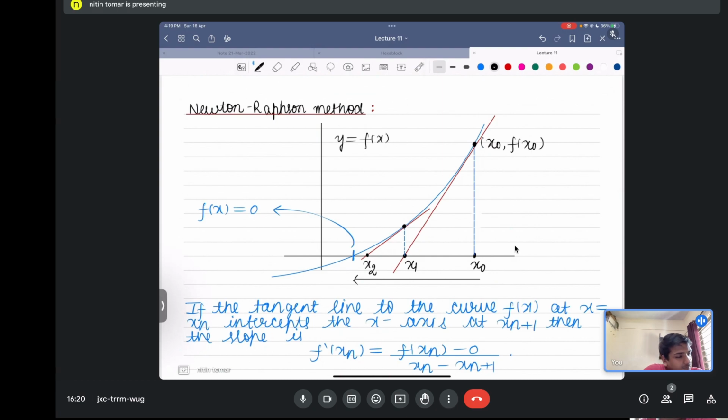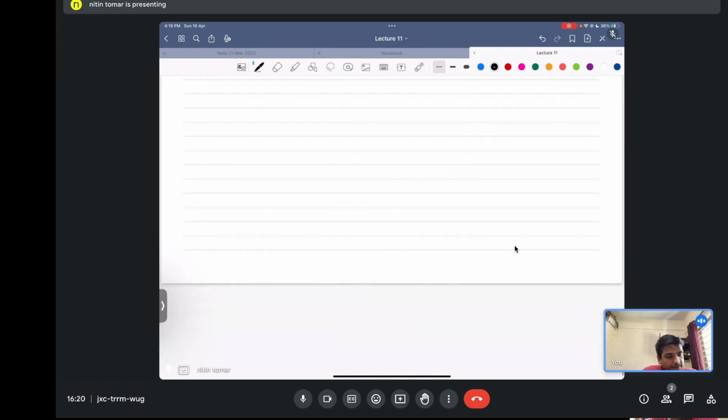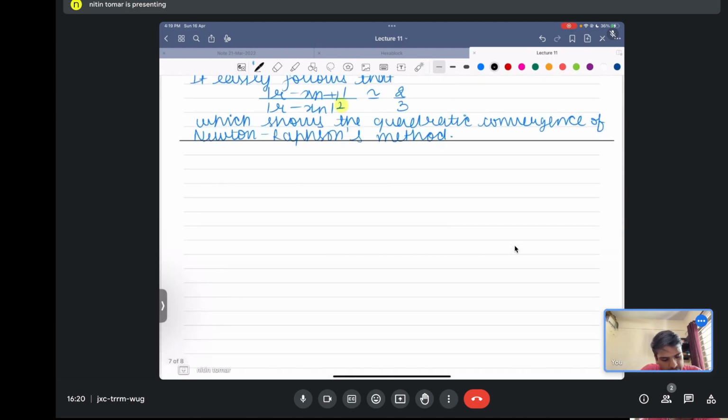So in this spirit, we see the last method, and that is called the fixed point iteration method. So let us discuss it.